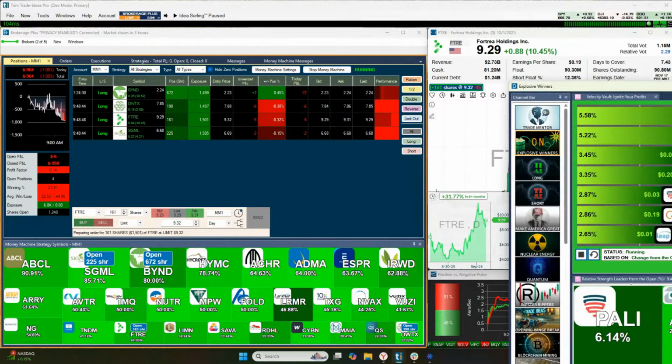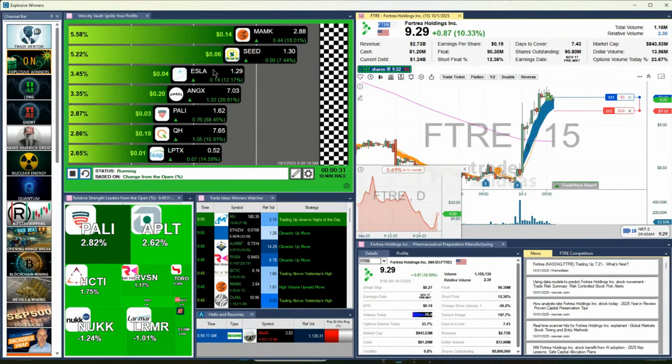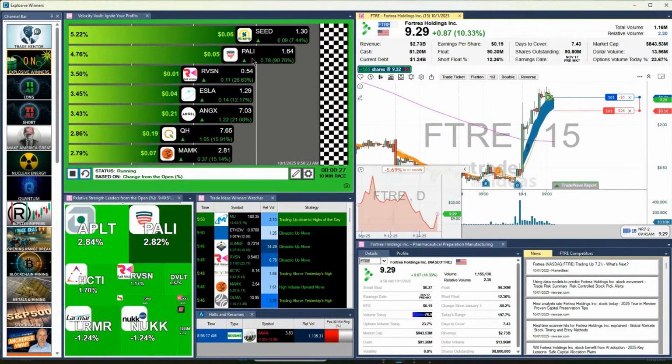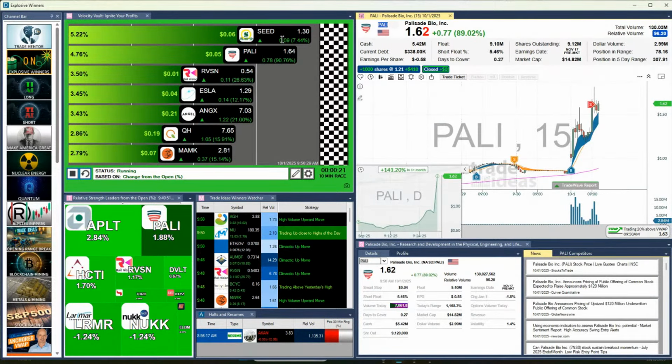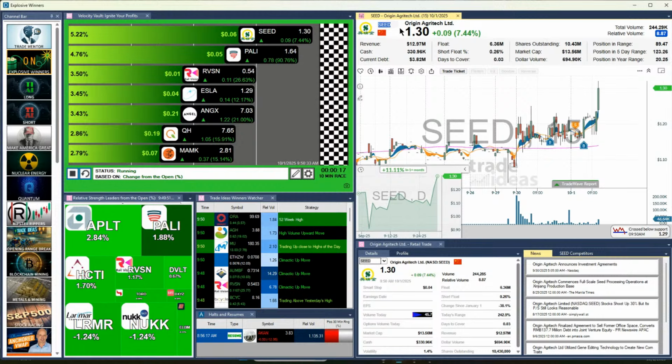The idea here is to be in this scenario where you're 1, 2, 3. You're in the top 3, but see, this one now changed. You would get out of that one, get into this one, be in Pally, be in Seed, potentially.